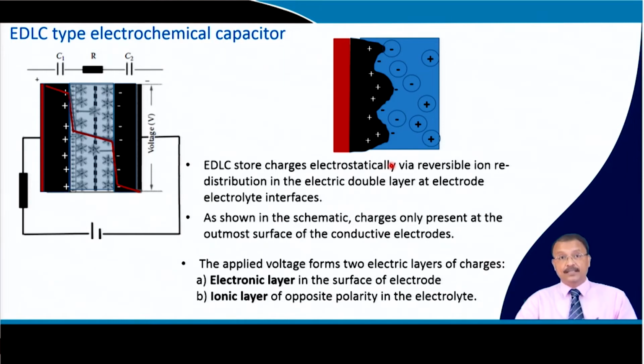So, you can find there is an electronic layer on the surface of the electrode, and there are ionic layers having opposite polarity to these surface charges, and this opposite polarity ionic layer resides at the surface.